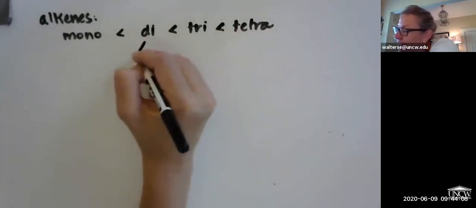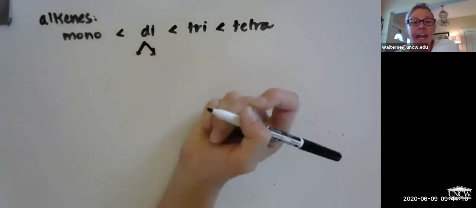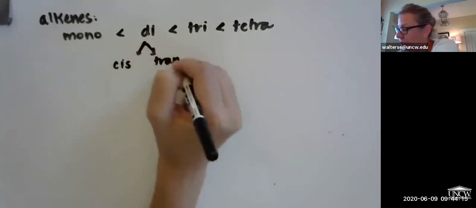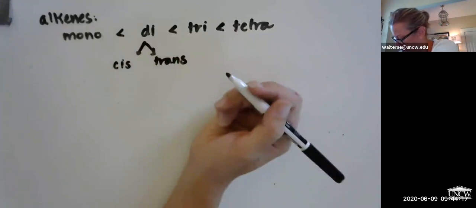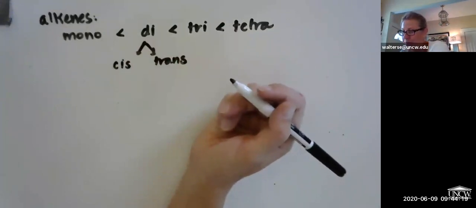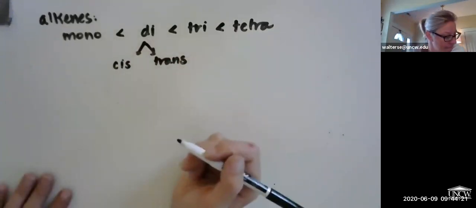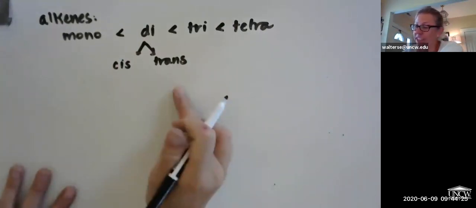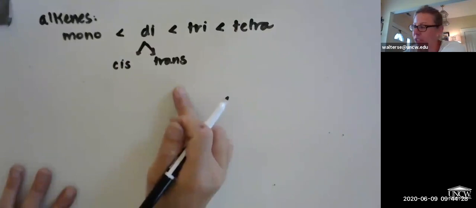But in the disubstituted category, you have the cis and trans isomers. So we're going to compare the stability of cis and trans isomers.